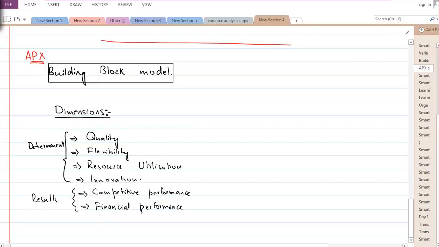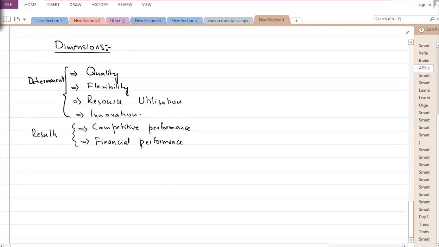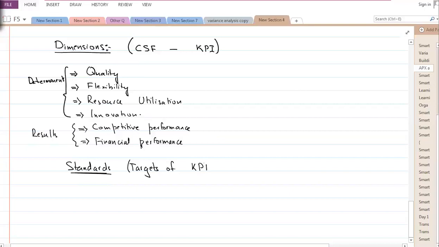After dimensions, we have the standards. Remember, the dimensions focus on the critical success factors and the KPIs, and the standards are the targets of the KPIs. What should be the level of the KPI?